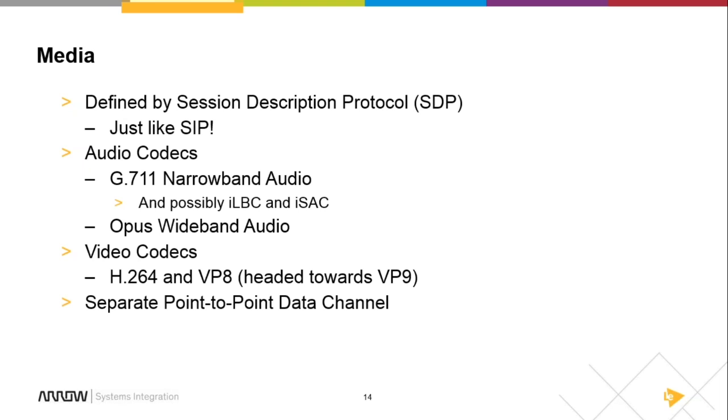And then there's a separate point-to-point data channel. When I wrote my little WebRTC application, I had a video connection, and I used H.264 to create my video connection back and forth. And then I had a little chat window. So if Kelly and I were talking, I could be sending across my video stream to her, and she could see me smiling, and then she could send me a chat on the side that says, your color is askew.